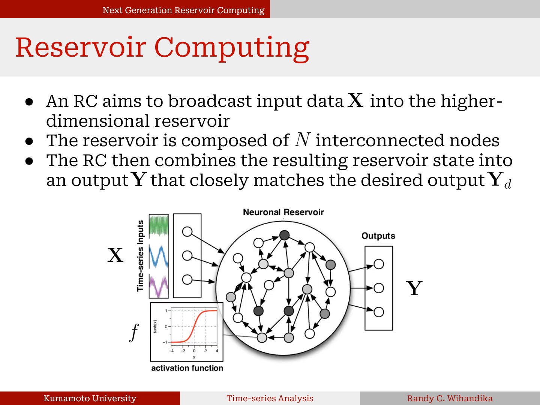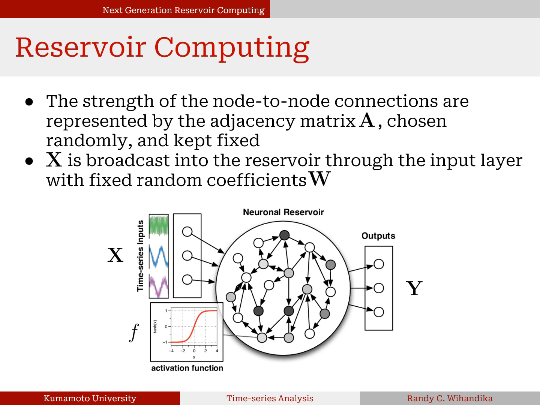Reservoir computing aims to broadcast input data that we call X here into the higher dimensional reservoir. So here we have the input data, and the reservoir is composed of n interconnected nodes. The RC then combines the resulting reservoir state into an output that we call Y that closely matches the desired output that we call YD.